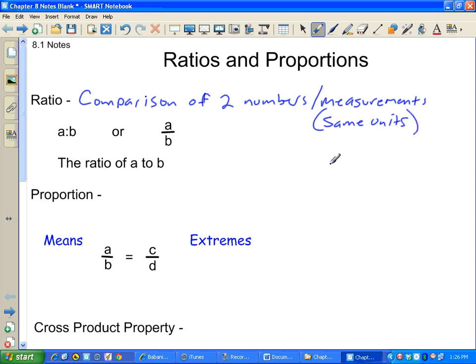If they're not in the same units, then your ratio is going to be wrong, at least if you start trying to reduce them. So there's different ways to write ratios.